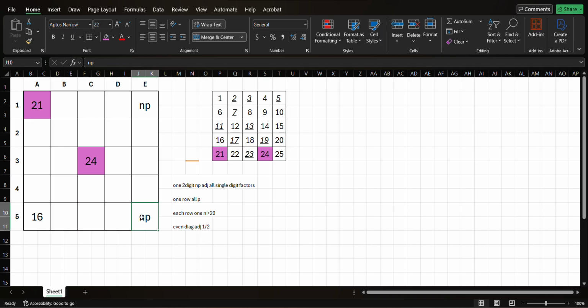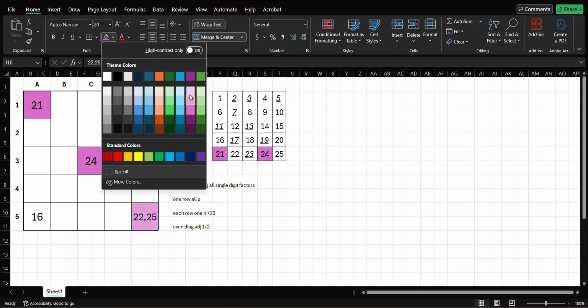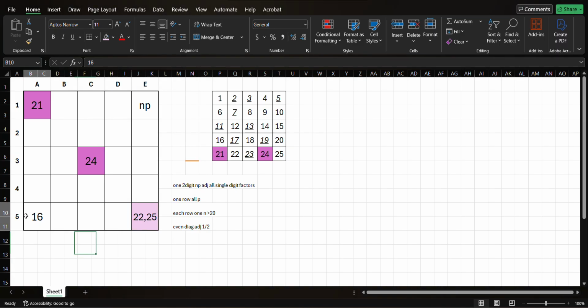So that means that this space has to be not prime, as we were told, but containing 22, 23, or 25. 23 is prime, all the primes here are underlined, so that only leaves 23 and 25 as options for that spot. Not sure yet which one it is, but they're the only 2 options that can go in there. And all of our numbers are going to go between 16 and 22 or 25.